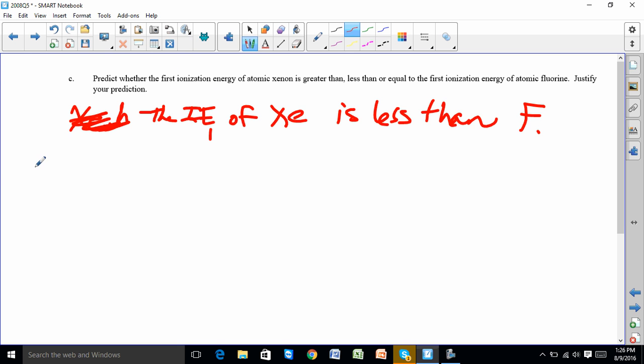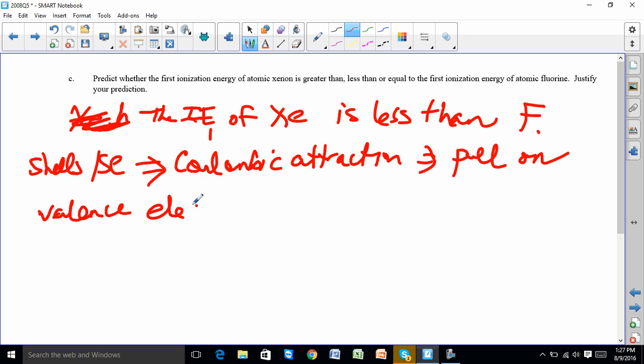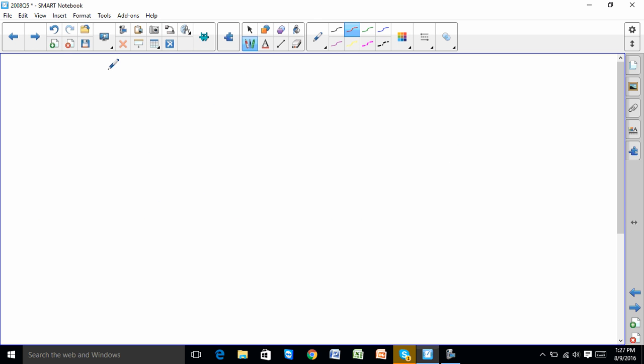And then we're going to talk about shells, shielding electrons, how this affects Coulombic attraction, again, stronger, weaker, how this affects pull on valence electrons, and what this means in terms of the first ionization energy. Okay, there's our template. I'm going to add a new thing. So here's what I would say. I'll try to be a little nicer here.